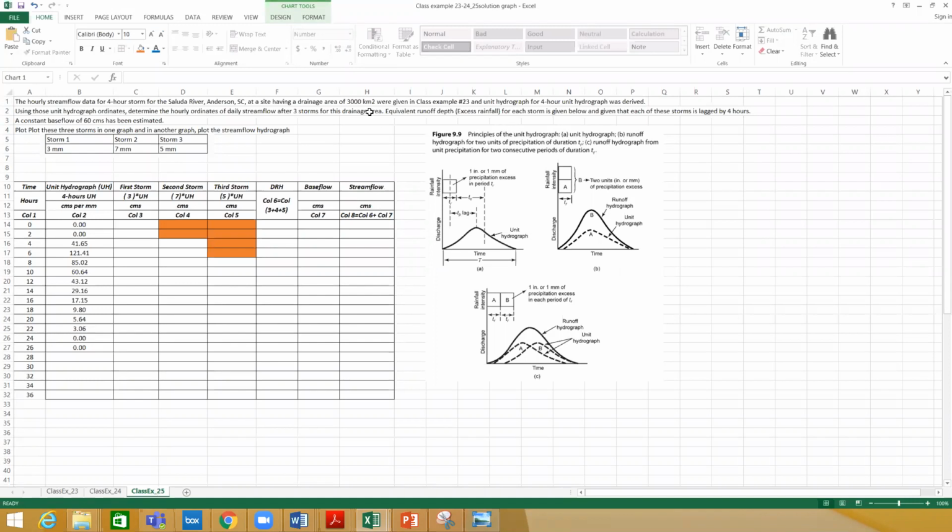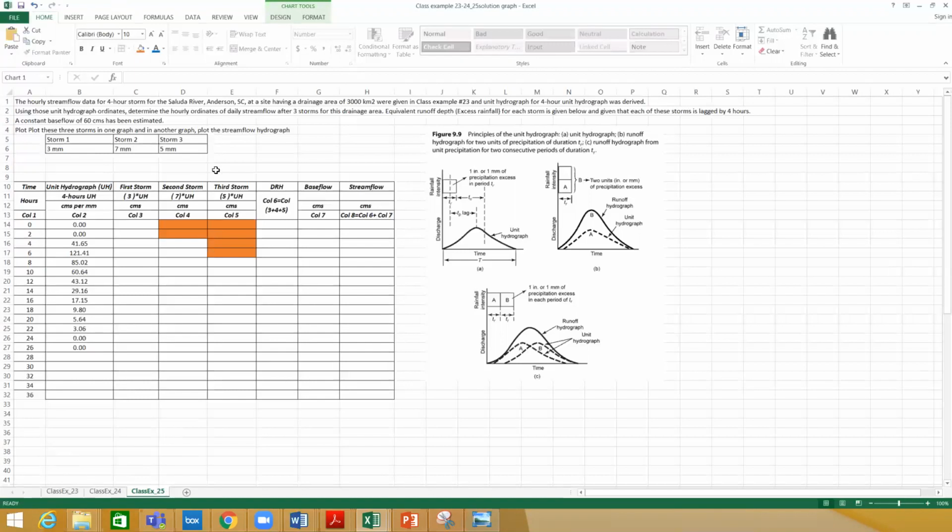But one difference between class example 23 and 25 was that for 23, we had only one storm, but for 25, we again have three consecutive storms with that 4 hours lagging in between each storm.